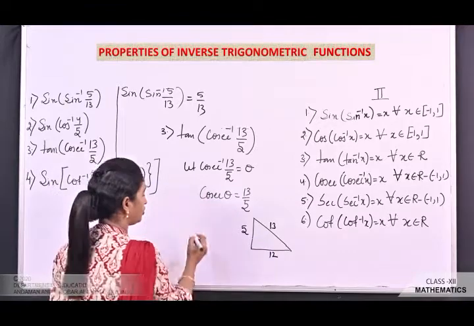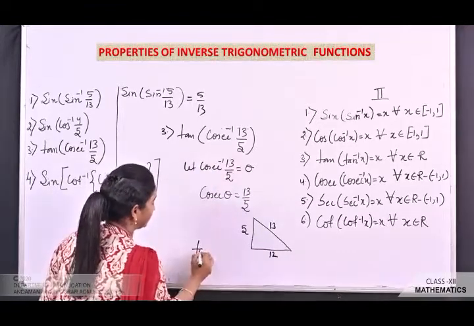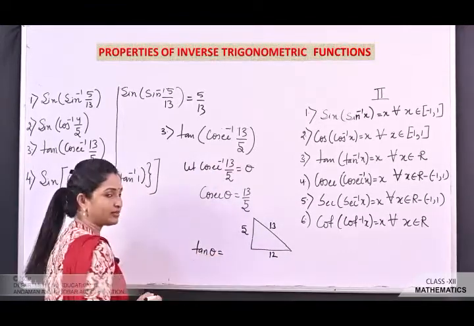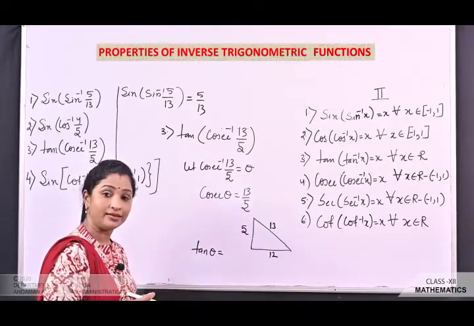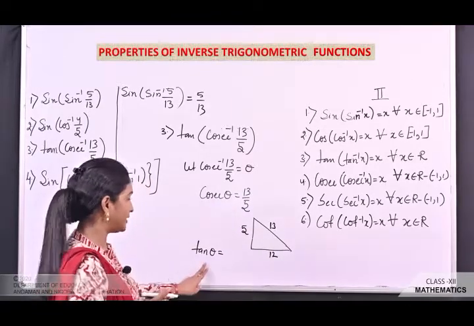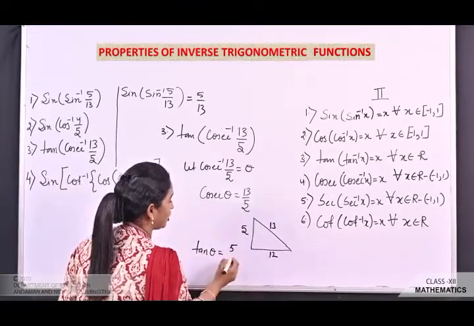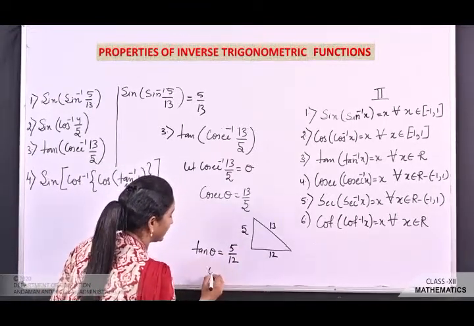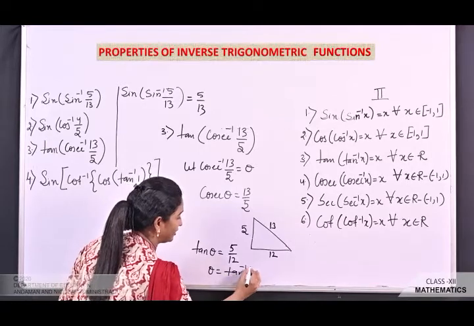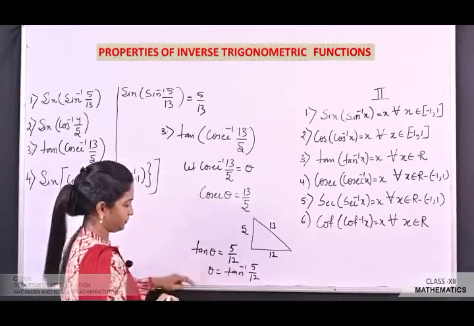Okay? So you are going to get tan theta as, what is tan theta? Perpendicular by base. So what is perpendicular? 5, and base is 12. So theta will be tan inverse 5 by 12. Correct?